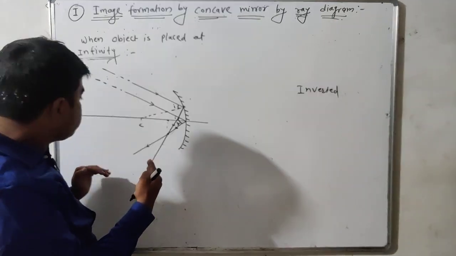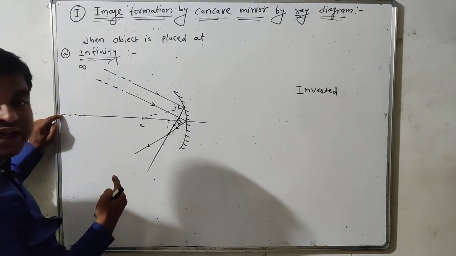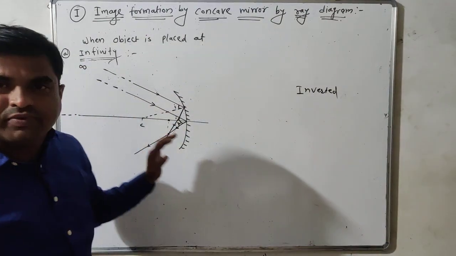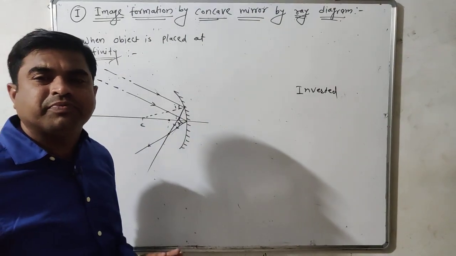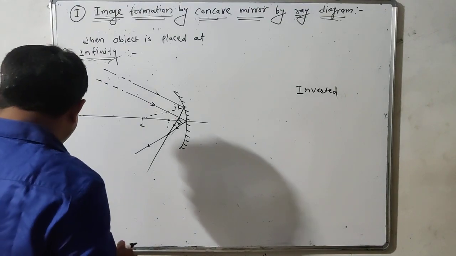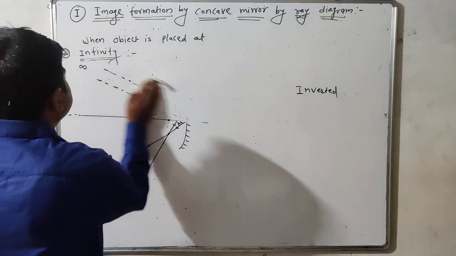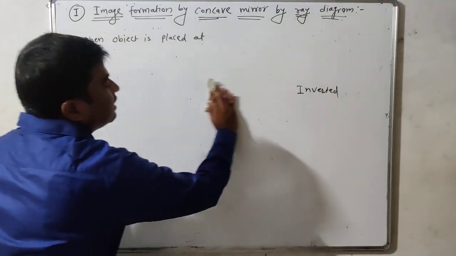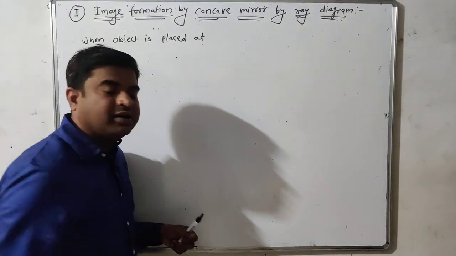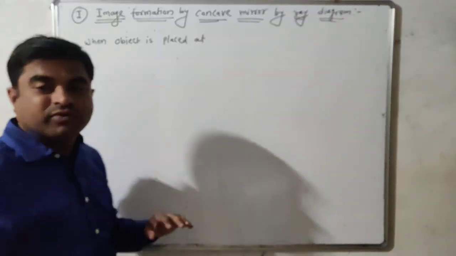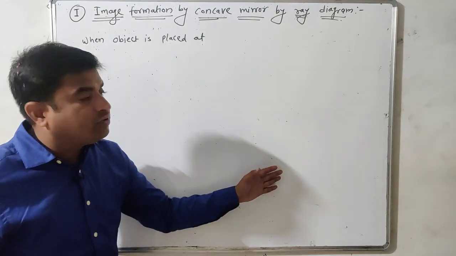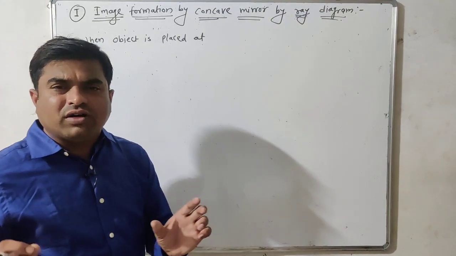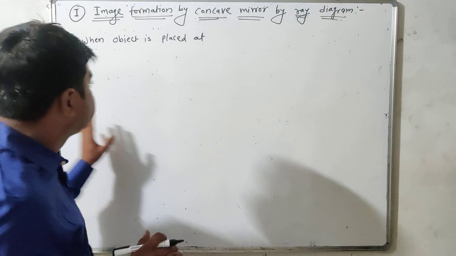If the object is located on the principal axis, then its image will be obtained exactly at the focus. Do you understand all these concepts? Okay. So, in general, we can say that whenever an object is located at infinity, its image will be obtained at the focus, right? The nature of the image is real, inverted, and of very small size, that is point size. Got it?